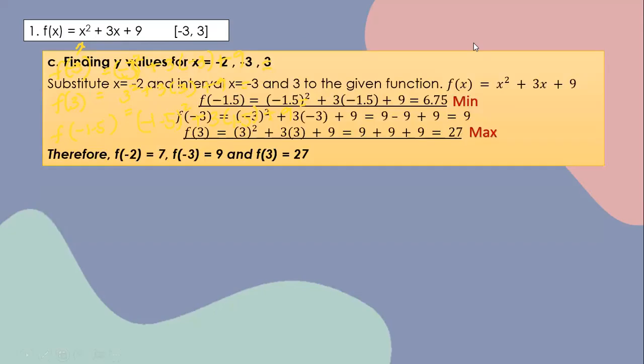So here is the answer. So by substituting, okay, this is 1.5, not 2, not negative 2. Okay, so ayan. So negative 1.5, okay, the answer is 6.75. F of negative 3, the answer is 9.